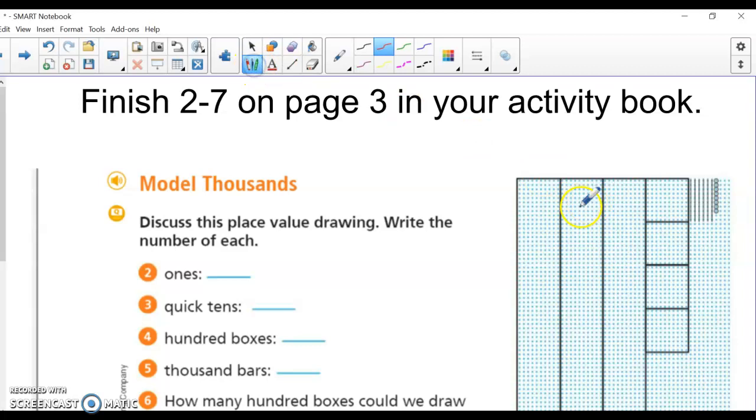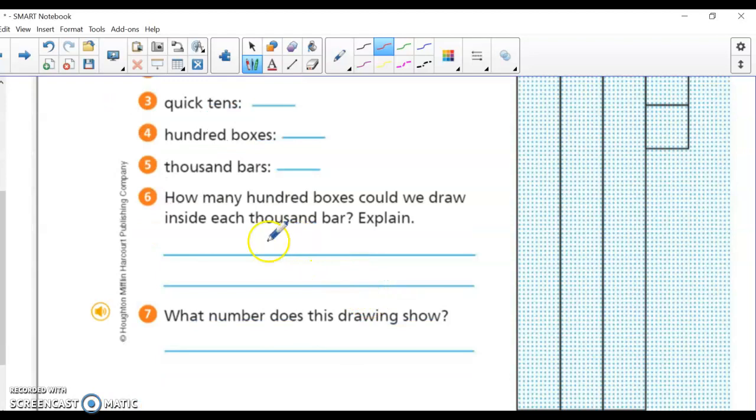So I'm going to grab a marker. They have 1, 2, 3, 4, 5, 6, 7, 8. Okay, so I have 8 ones. Now you need to count the quick tens and then count the hundreds boxes and then count the thousands bars. And after that, what number does this show?